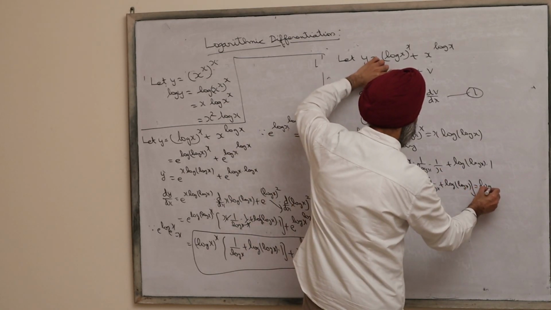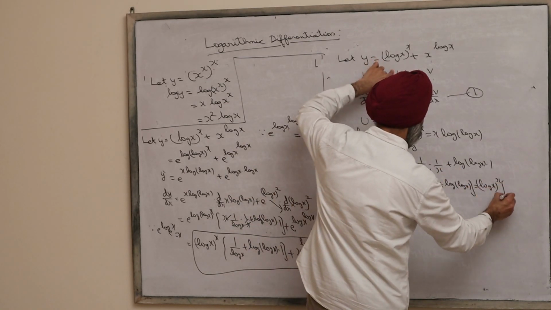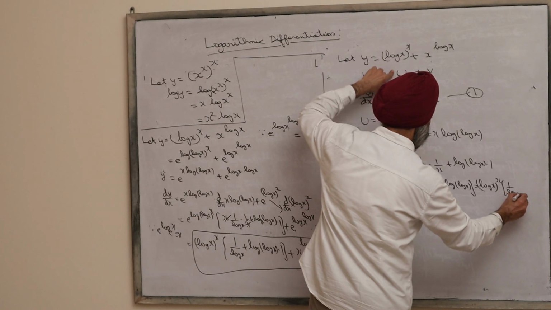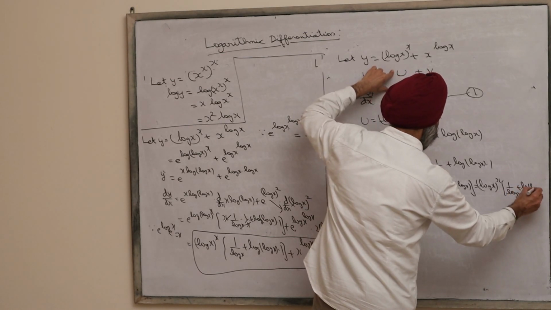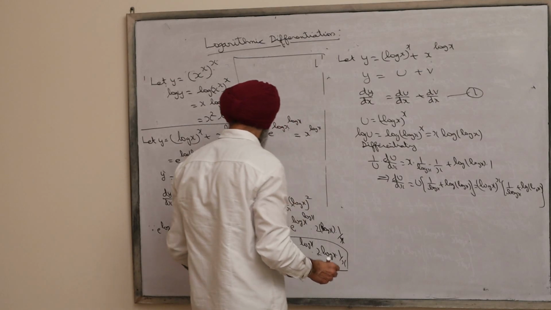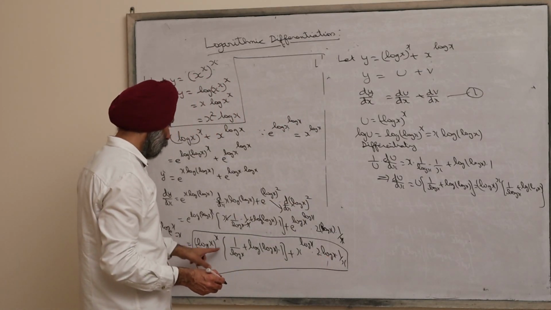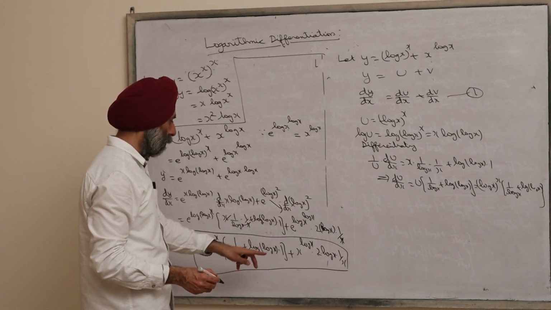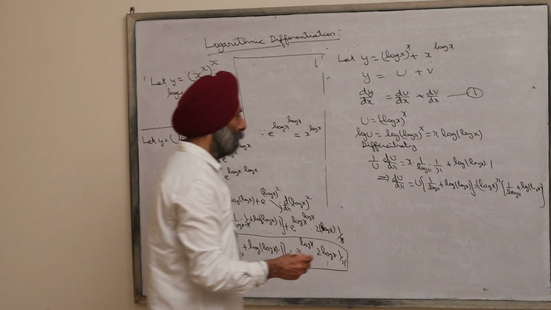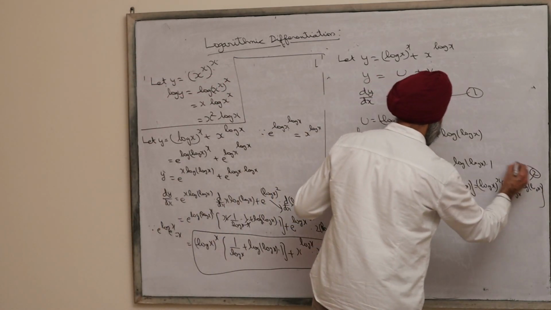It is log x raised to the power x into 1 over log x plus log of log x here. So let's say this is your number 2.